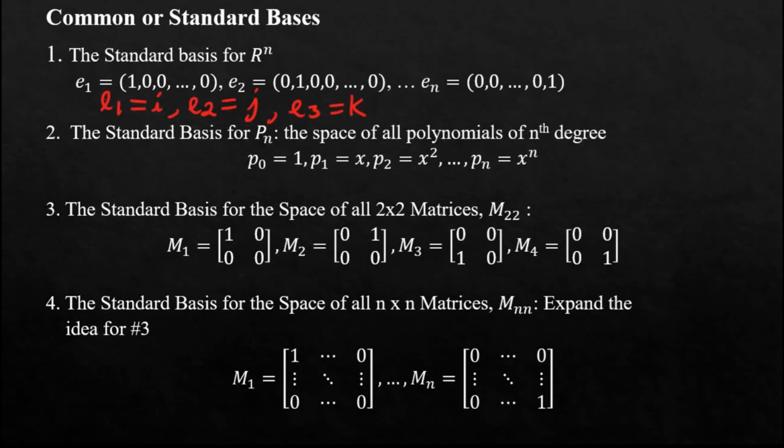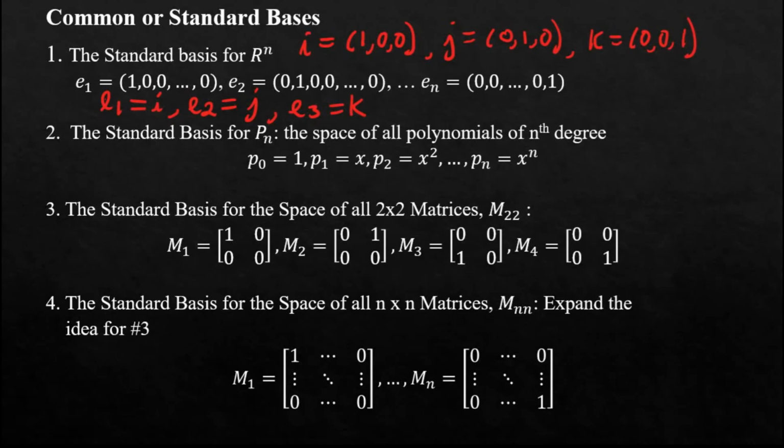They look like i is 1, 0, 0. This is for the third space, right? So these are just unit vectors, but they form the basis.